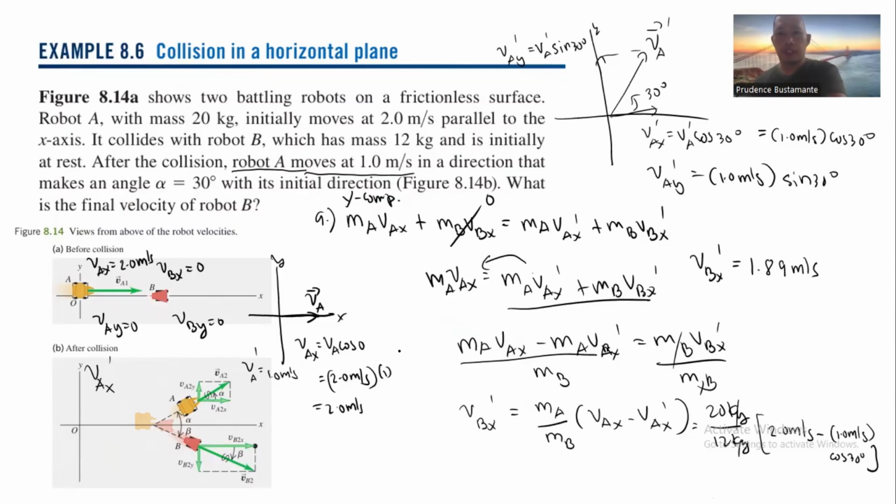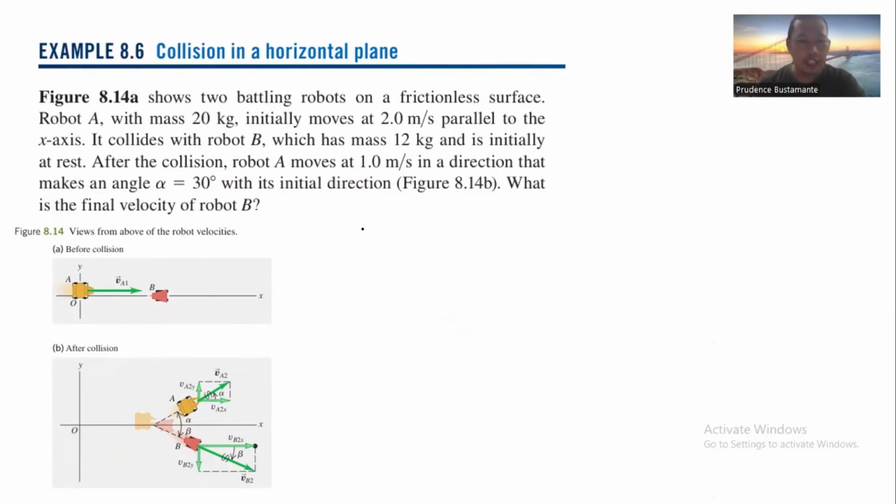How to get the y component? So we have Vy is equal to 0 initially, and the final is sine 30 degrees. So we have MA VAY plus MB VBY is equal to MA VAY prime plus MB VBY prime.